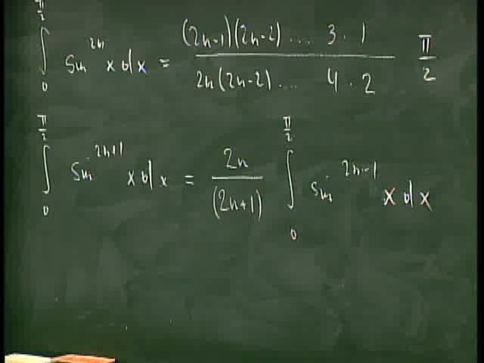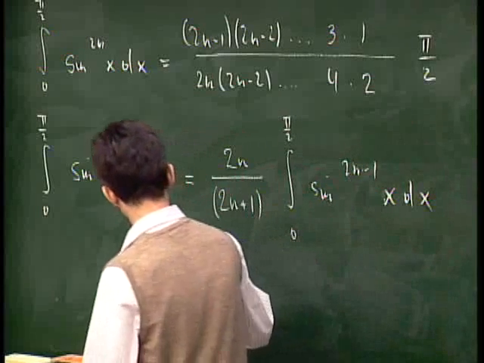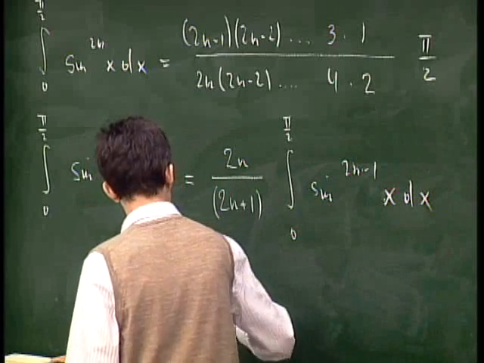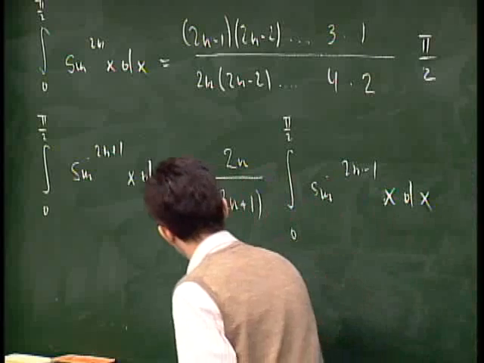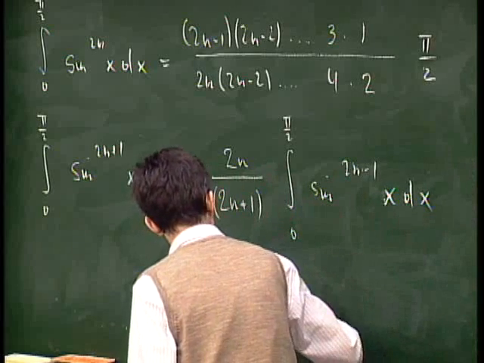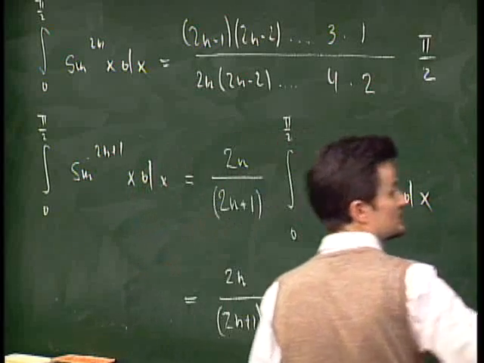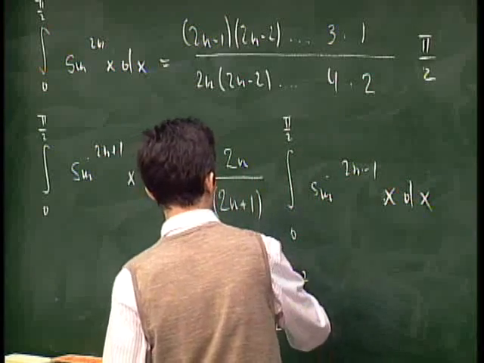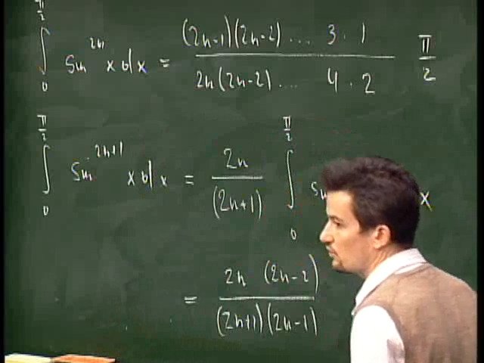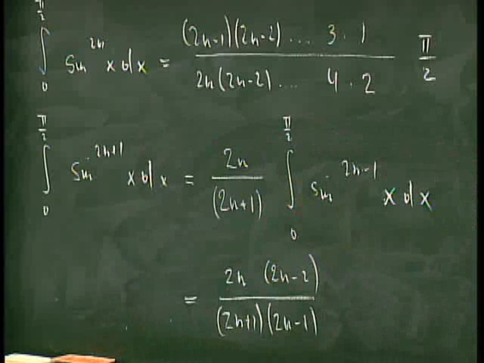And you repeat this. If you do this once more, you see the numerator is getting 2n minus 1, and the denominator will get 2n minus 2, and you reduce the order again by 2.